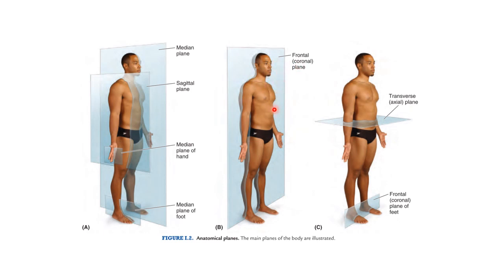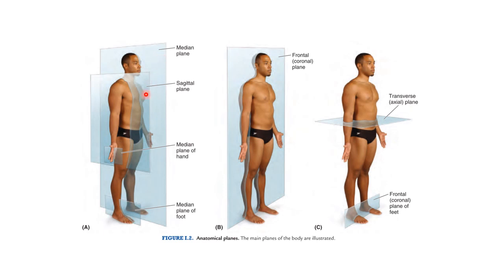Okay? And if you divide the human body into an upper portion and a lower portion, a superior portion and an inferior portion, that plane that divides the human body is called the transverse or axial plane. Okay? So let's recap quickly. Divide into left and right halves at the middle, median plane.